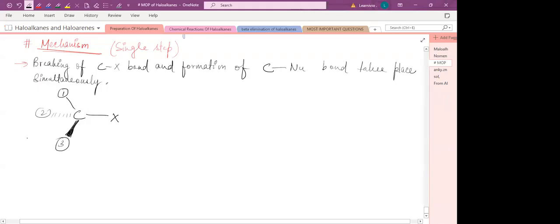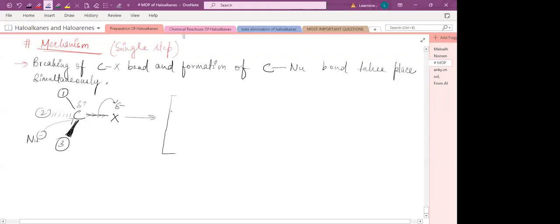So what happens? First, the nucleophile comes and attacks this carbon atom. In the same step, this bond will break, and because the halogen is electronegative, it acquires a partial negative charge and this carbon acquires a partial positive charge.